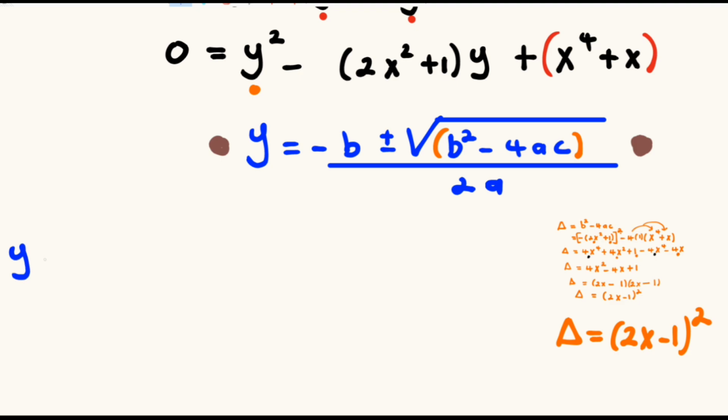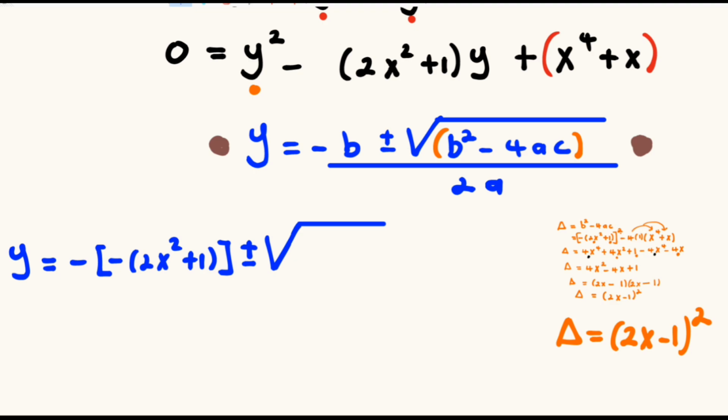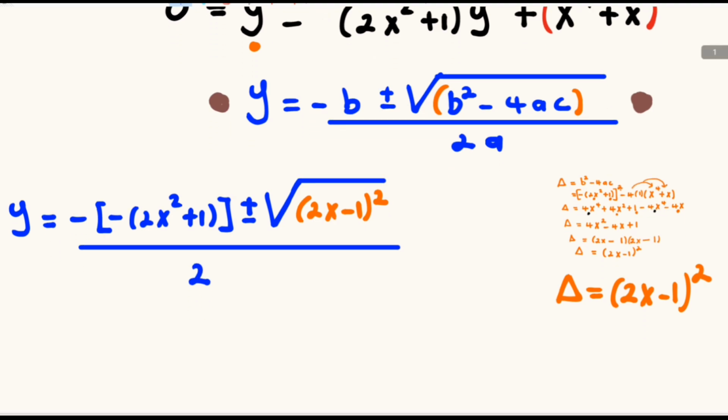So our y will be equal to negative b, and our b is equal to negative (2x squared plus 1), plus or minus the square root of b squared minus 4ac, which we determined as (2x minus 1) squared, and we are dividing this by 2 multiplied by a, and our a is equal to 1.